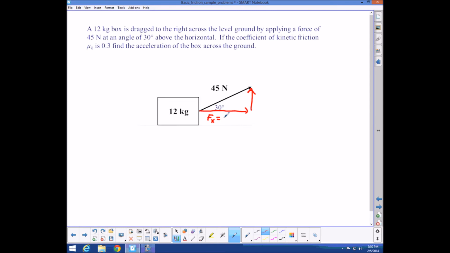This x component is going to be 45 times the cosine of 30 degrees, which is 38.97 newtons. The vertical component of the applied force is going to be 45 times the sine of 30 degrees, which is 22.5 newtons.